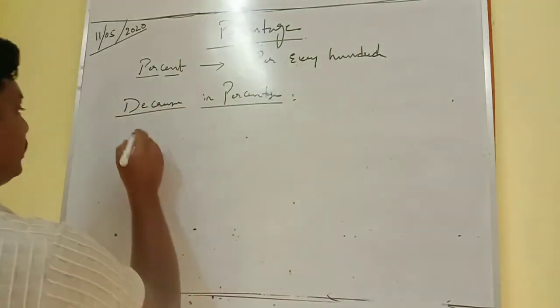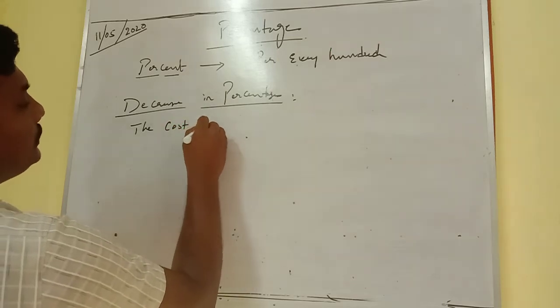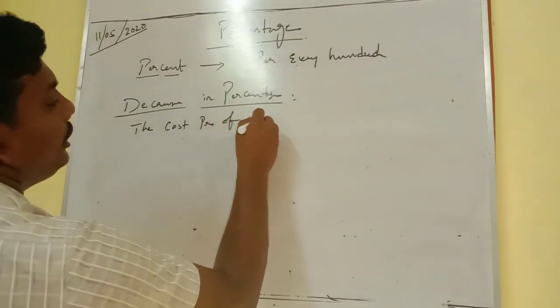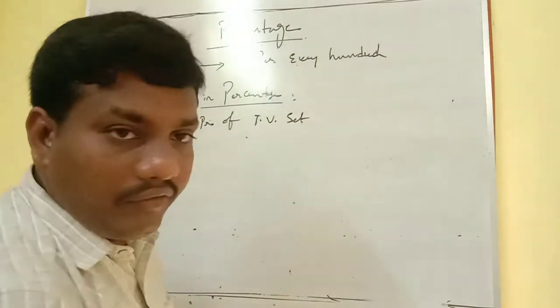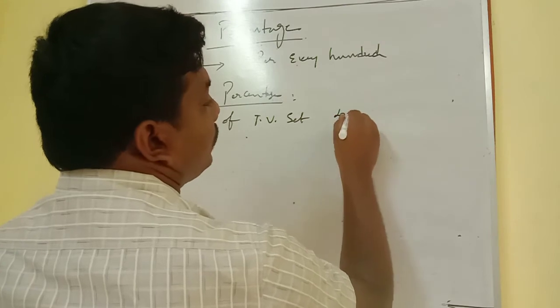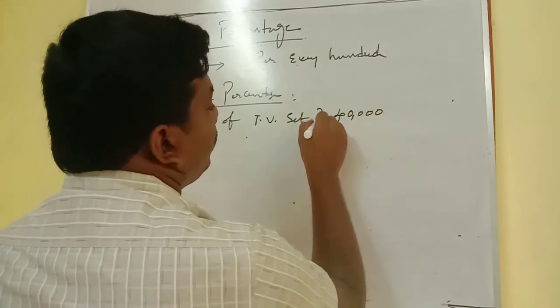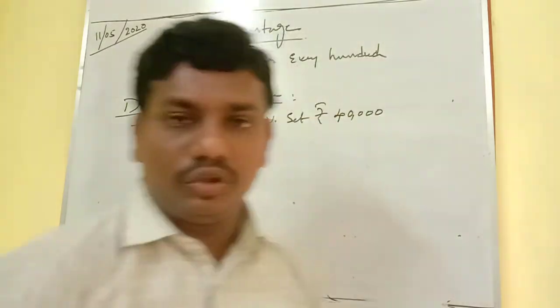The cost price of the television set is 40,000 rupees.